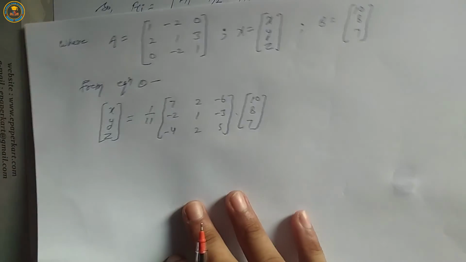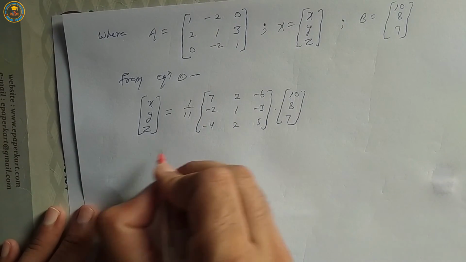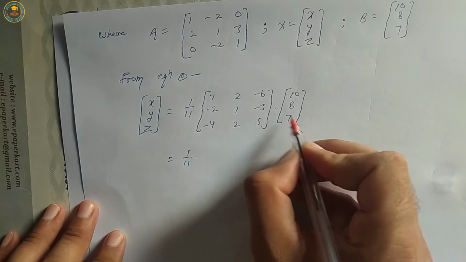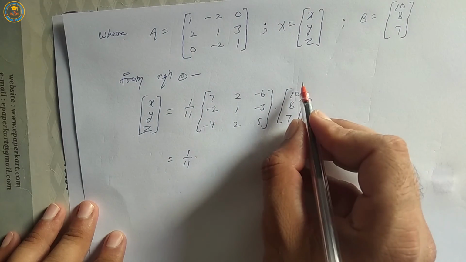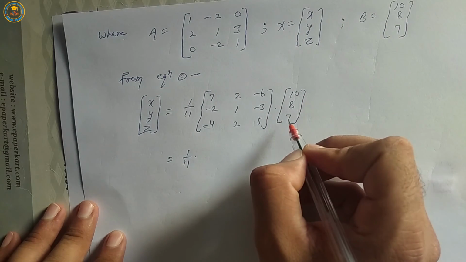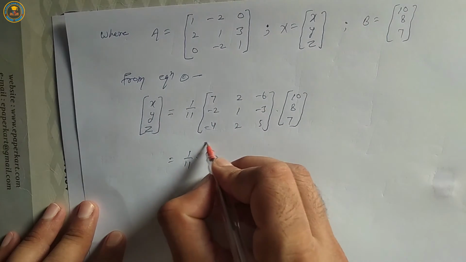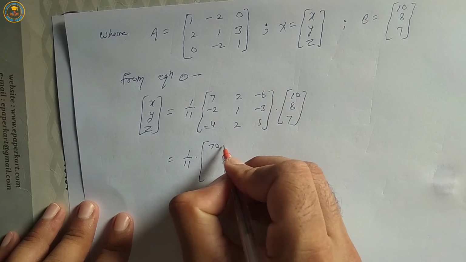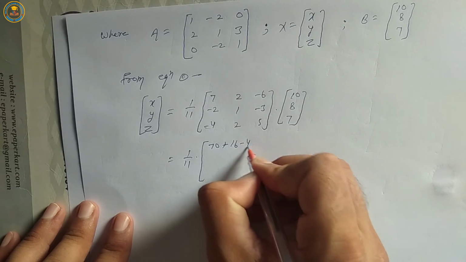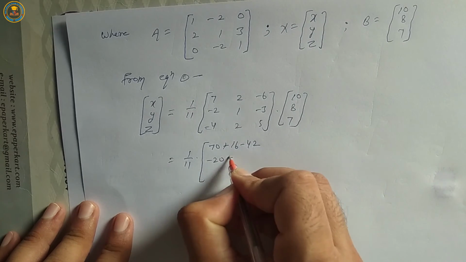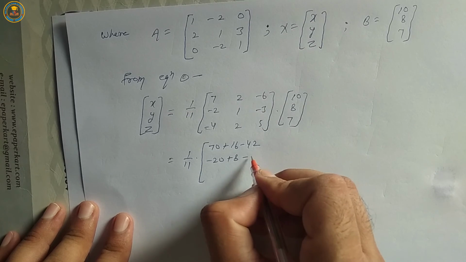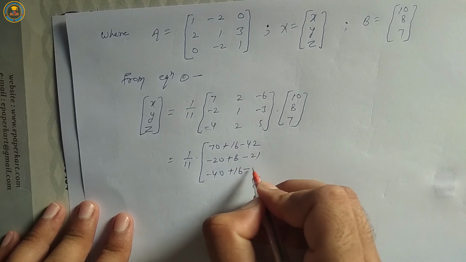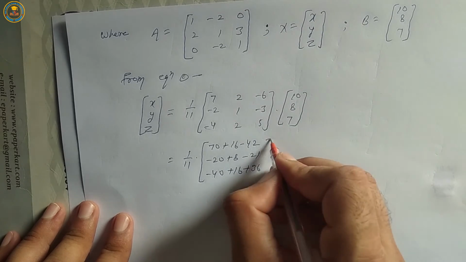Okay, it is equal to 1 upon 11 into matrix A into matrix B: first row first column, second row first column, third row first column. Okay, 70 plus 16 minus 42, minus 20 plus 8 minus 21, minus 40 plus 16 plus 35.